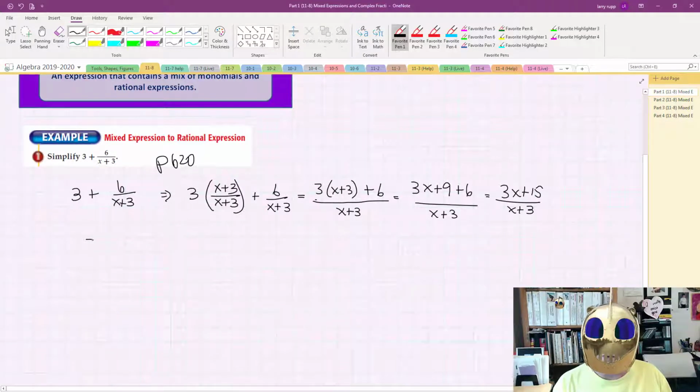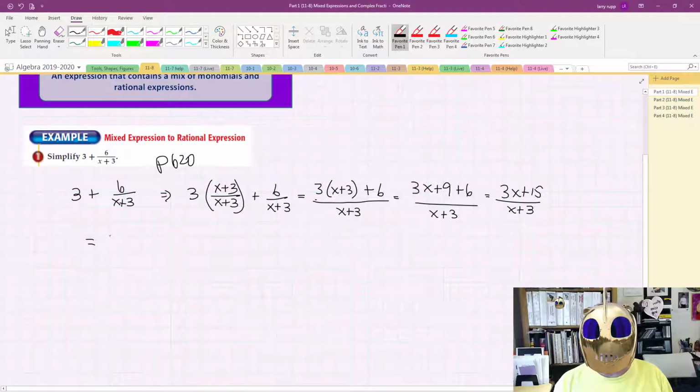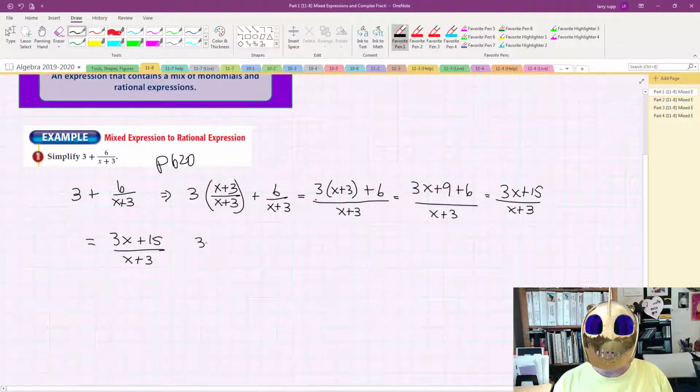Out of 3x plus 15, what can you factor out? You can factor out a 3. I'll rewrite it here: 3x plus 15 all over x plus 3. You could factor out a 3, and that would give you 3 times the quantity x plus 5 over x plus 3.